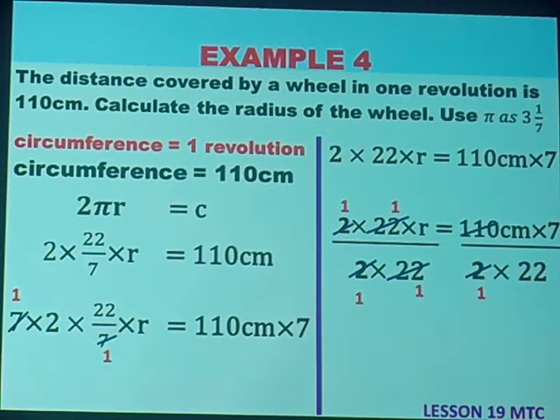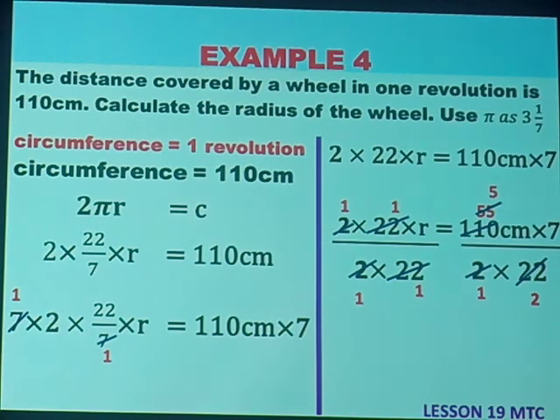110 divided by 2, we come up with 55. Now, looking at 55 and 22, we shall reduce using 11. 22 divided by 11, we come up with a 2. 55 divided by 11, we come up with a 5.